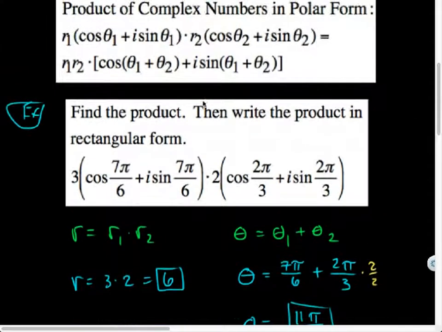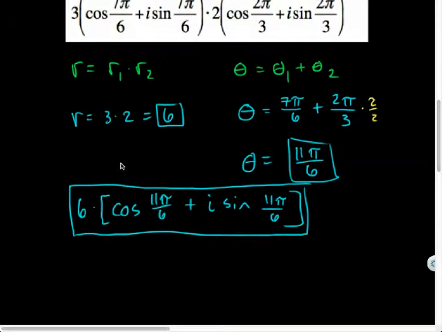You can see I've just gone and plugged in the values here for each. It's got the real part, it's got an imaginary part, it's got the modulus out front. And if I want to now convert this back into rectangular, I'm just going to have to evaluate the cosine and sine values and then distribute the 6 into it, so to speak.